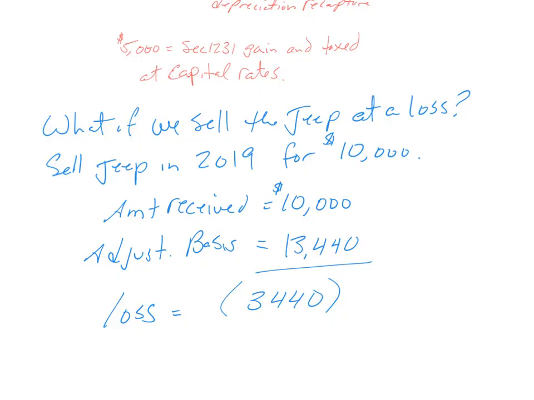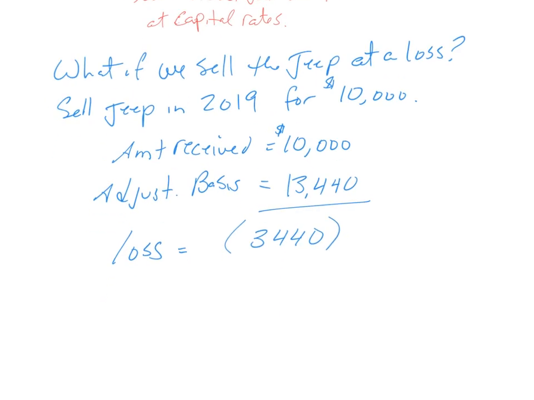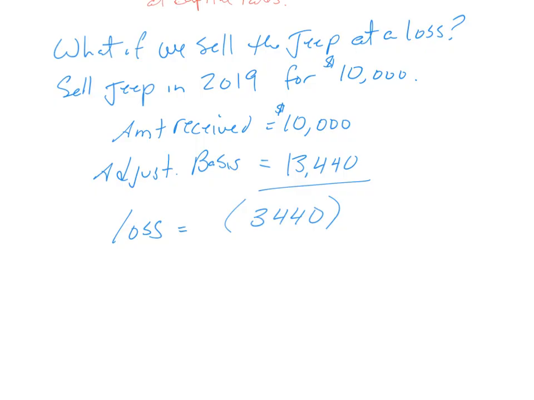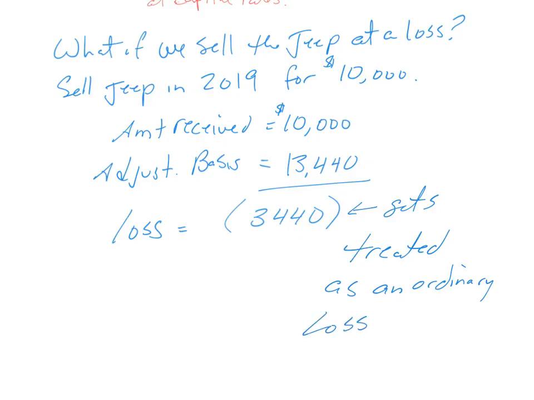Well, this is the cool thing. So since this Jeep was business use property used in our business for more than a year, this loss gets treated as an ordinary loss.